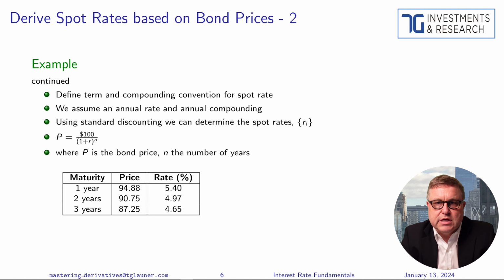For example, plugging in the price of $94.88 for our 1-year bond gives us an annual rate with annual compounding of 5.4%. It's crucial to understand that this rate isn't arbitrary, but rather derived from an actual liquid market instrument, the traded bond itself.